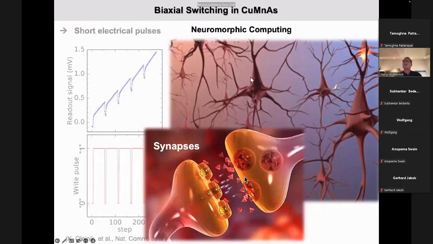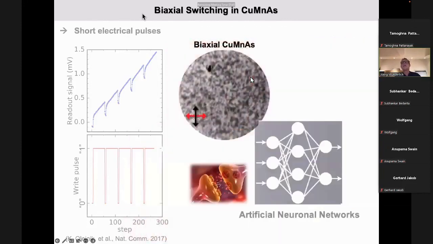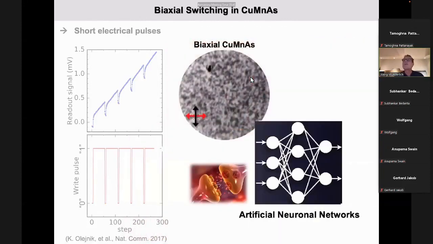And if you take those antiferromagnetic elements as a kind of artificial neurons, you can think about the artificial neural network that you can create out of this. So that's why those systems gained a lot of interest also for application.